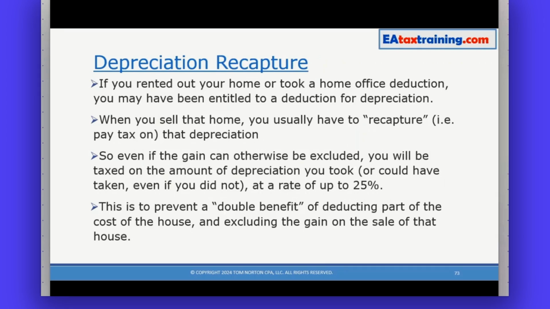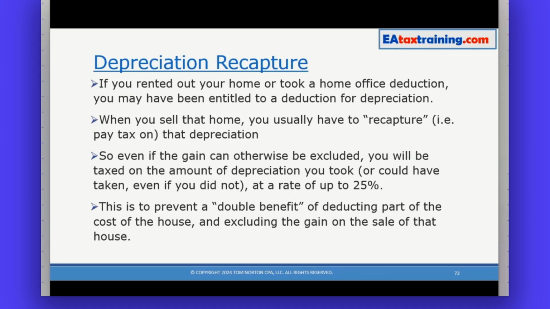Depreciation recapture. If you rented your home out, or you took a home office deduction, then you may have been entitled to a deduction for depreciation. If so, when you sell that home, you have to recapture, meaning pay tax on that depreciation.